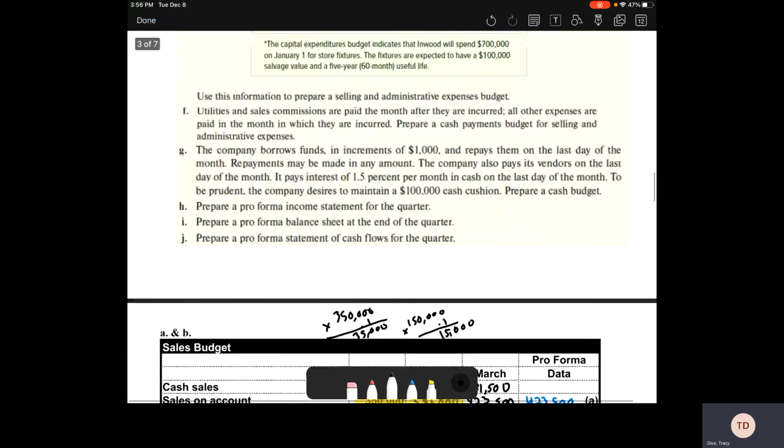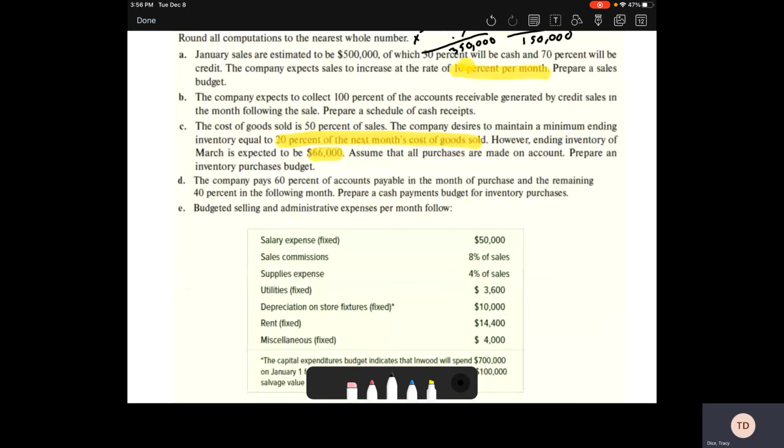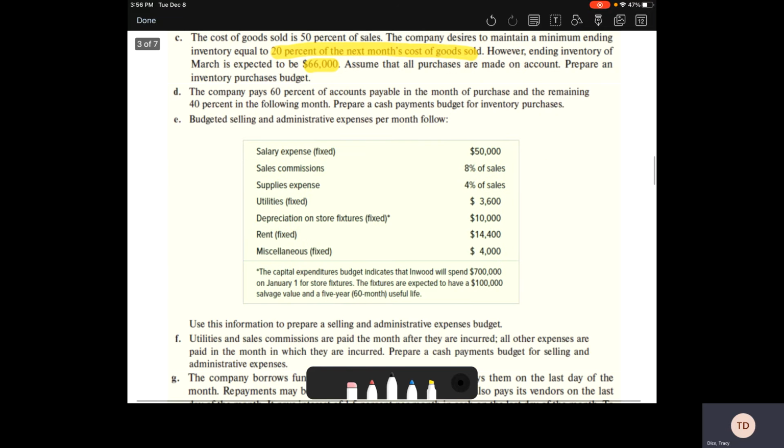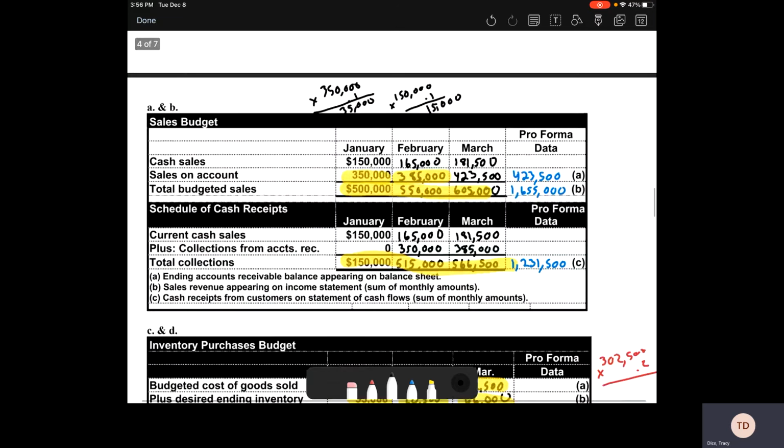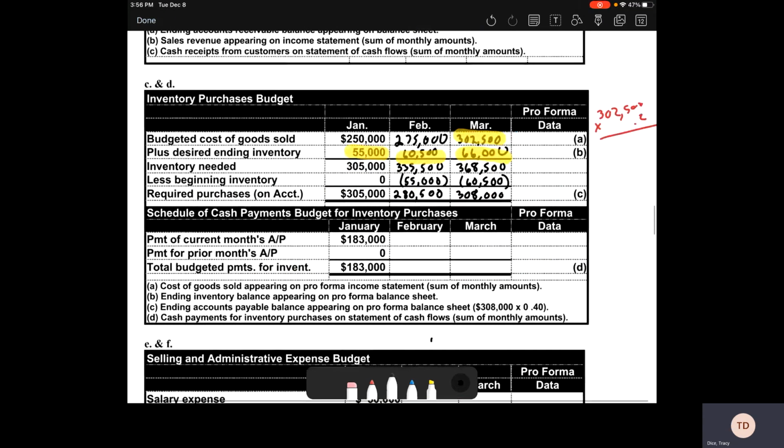So then we look at Part D, and they tell us the company pays 60% of the accounts payable in the month of the purchase and the remaining 40% the following month. All right, and all of these purchases were made on account. So the payment for the current month's purchases, what we do is we take that 305 times 0.6, and that's where we get that 185.